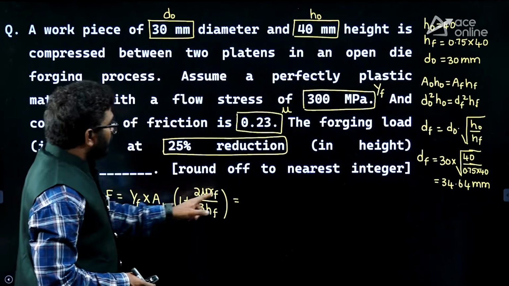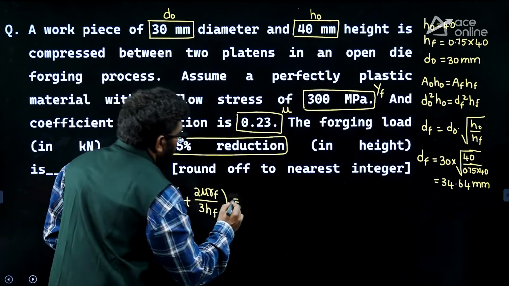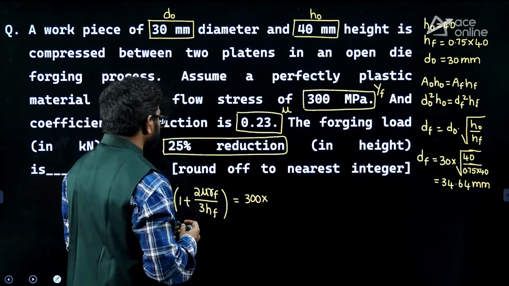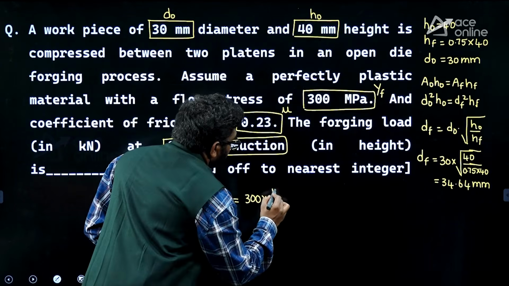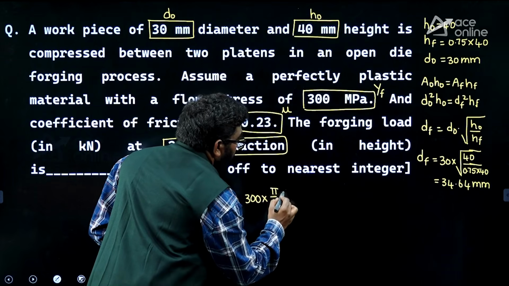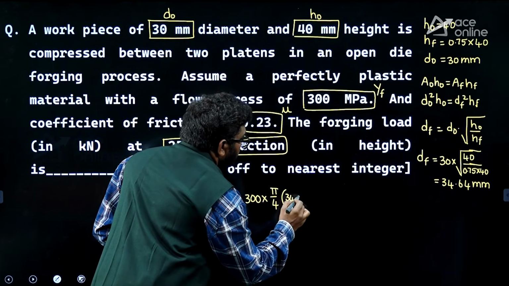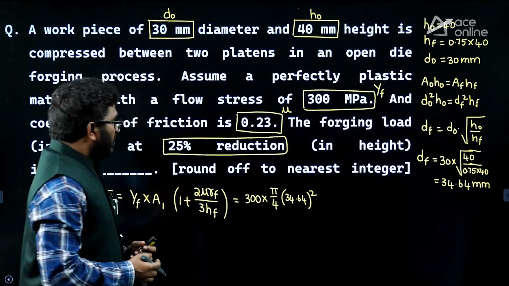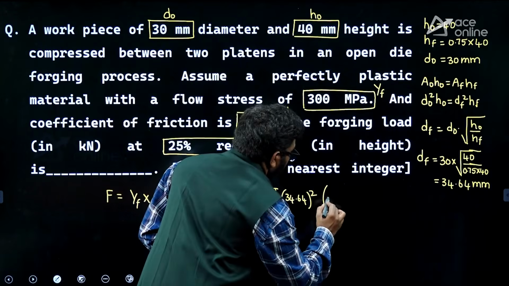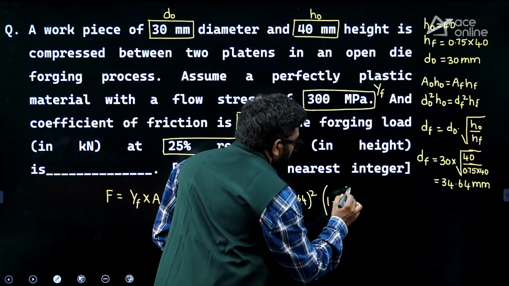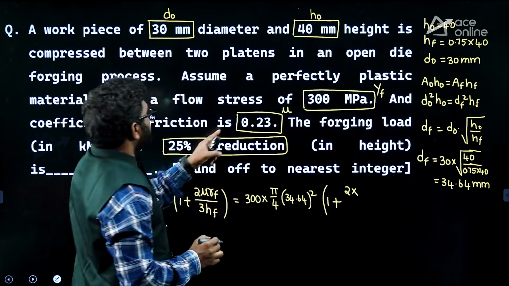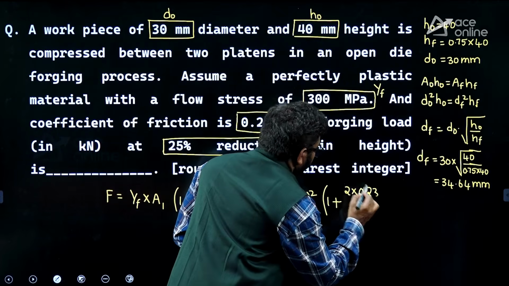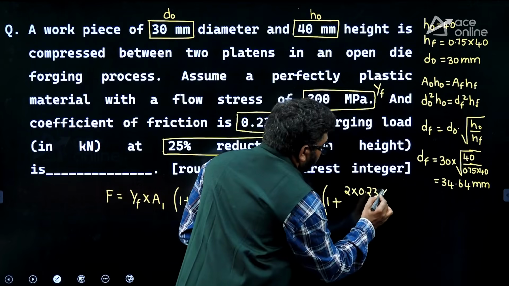So Y_f is 300 into area pi by 4 into 34.64 whole square into 1 plus 2 into mu, 0.23, into R_F.